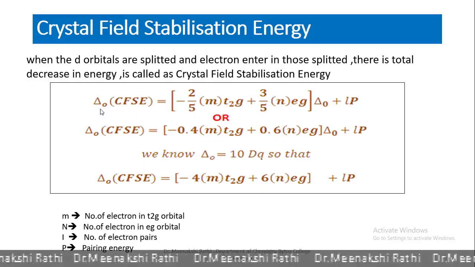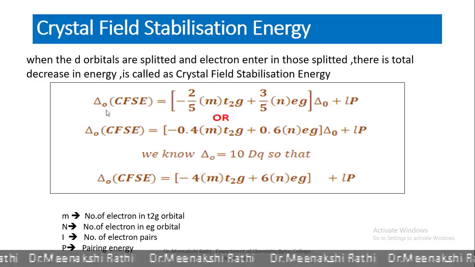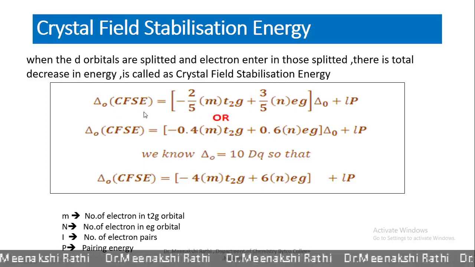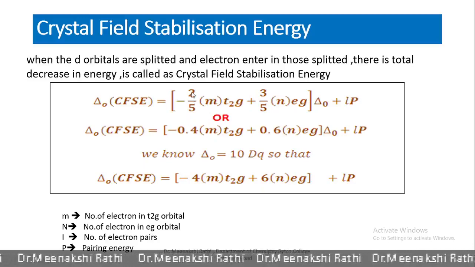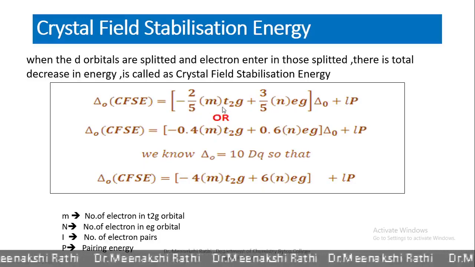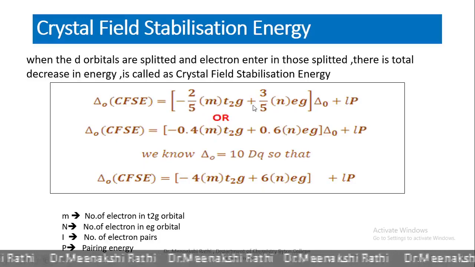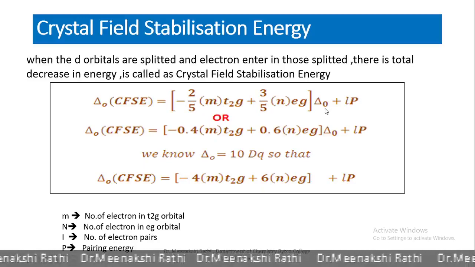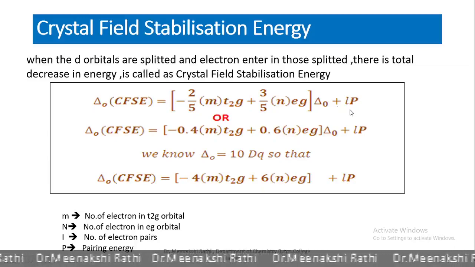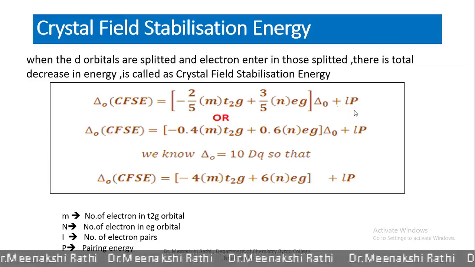Now, crystal field stabilization energy for octahedral complexes is calculated using the formula: minus 2/5 m (T2g) plus 3/5 n (Eg) delta O plus LP.